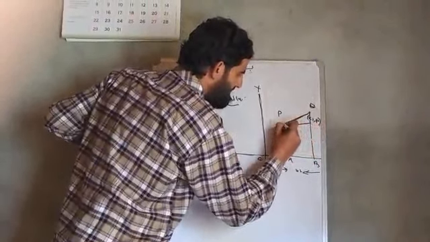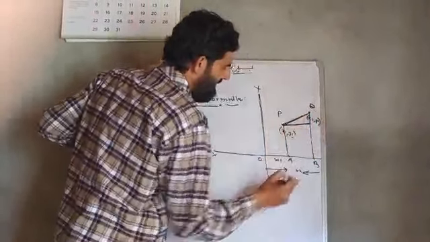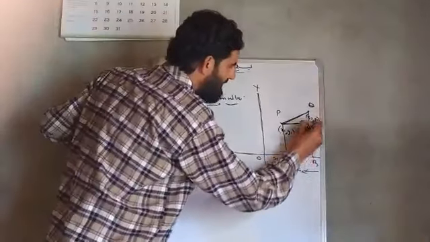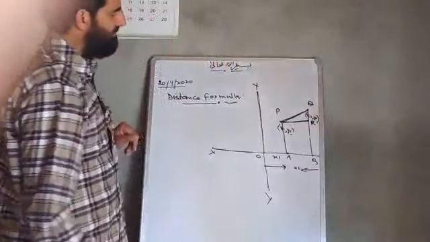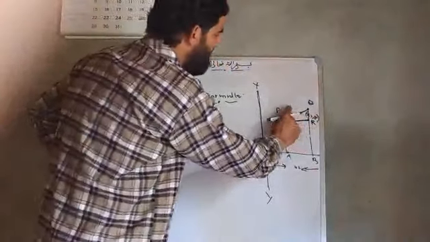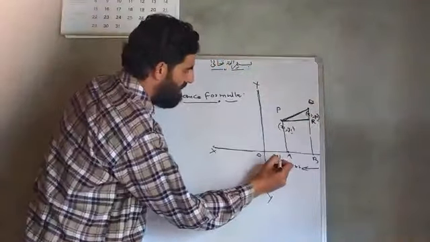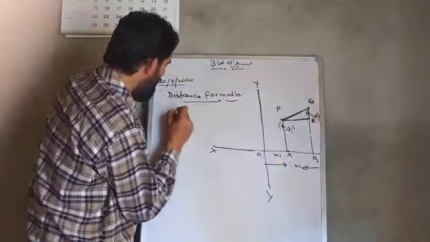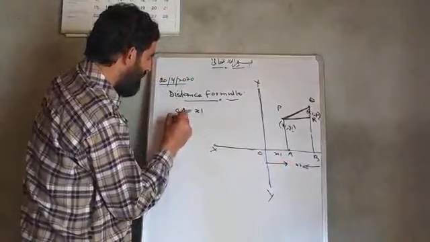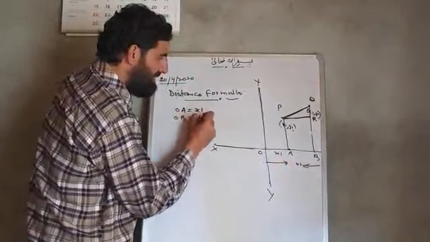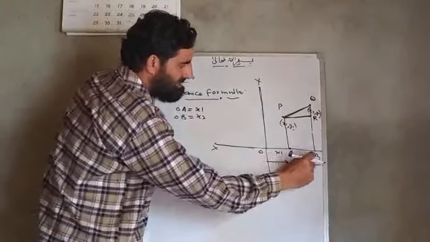Let us draw a line parallel to this AB. See, this is PQR. Now see, PQR is a right angled triangle. Here OA is equal to x1 and OB is equal to x2. And what is this AB?